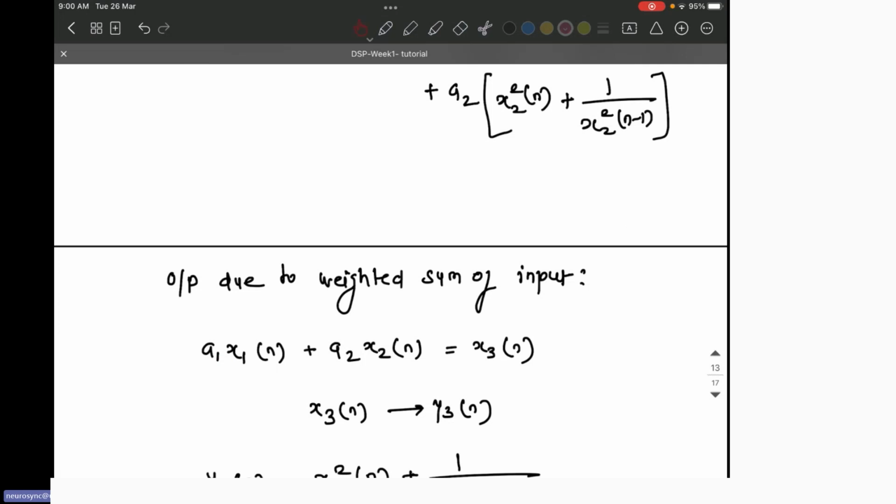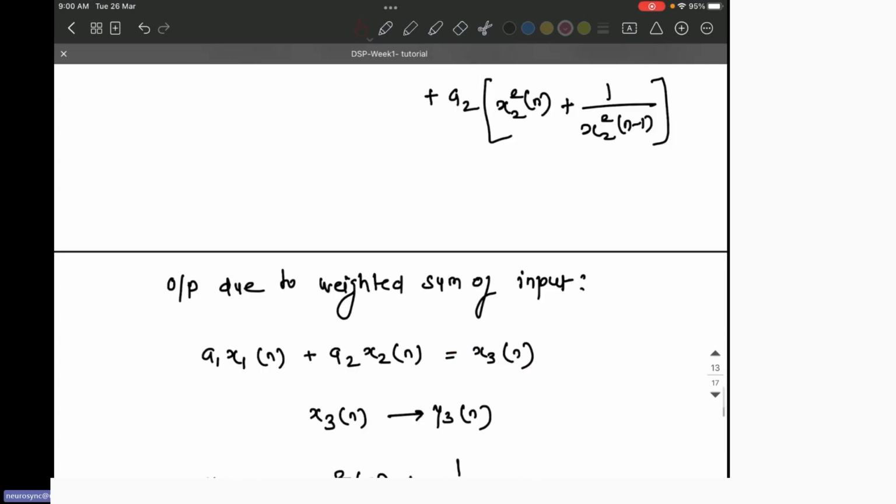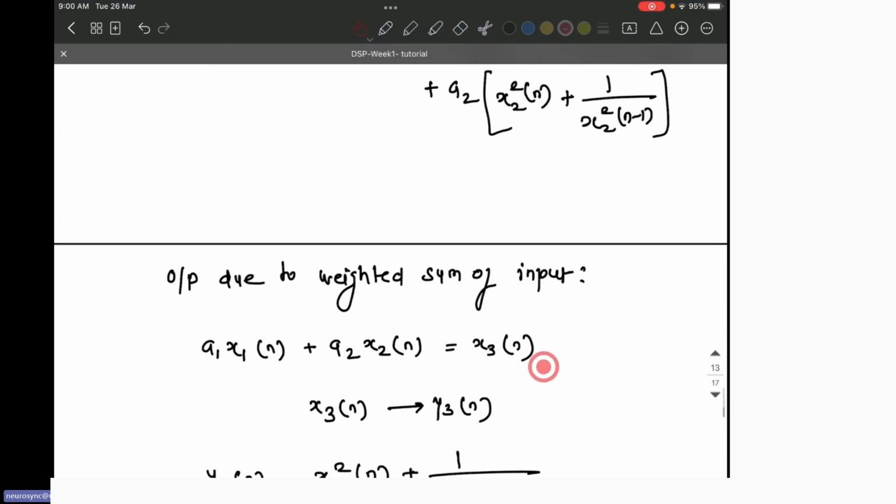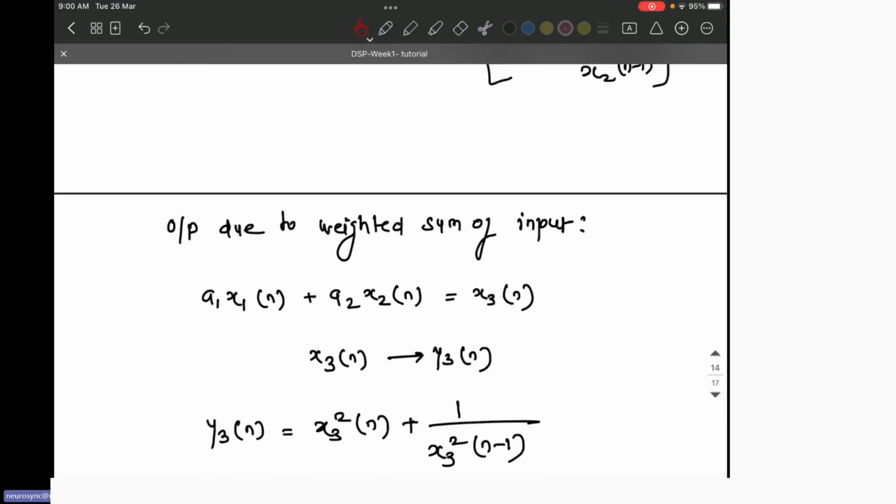That is, we have inputs x1n and x2n. Okay, so a1 into x1n plus a2 into x2n. Let us say this is equal to x3n. And suppose I apply this weighted sum of input to the system. So I will get output y3n.